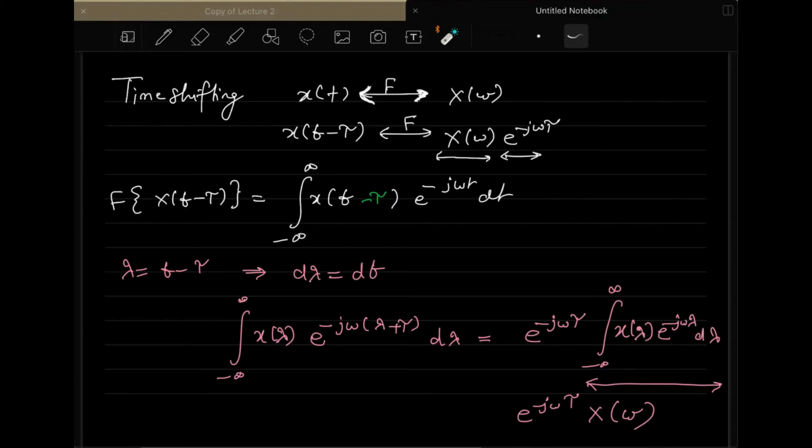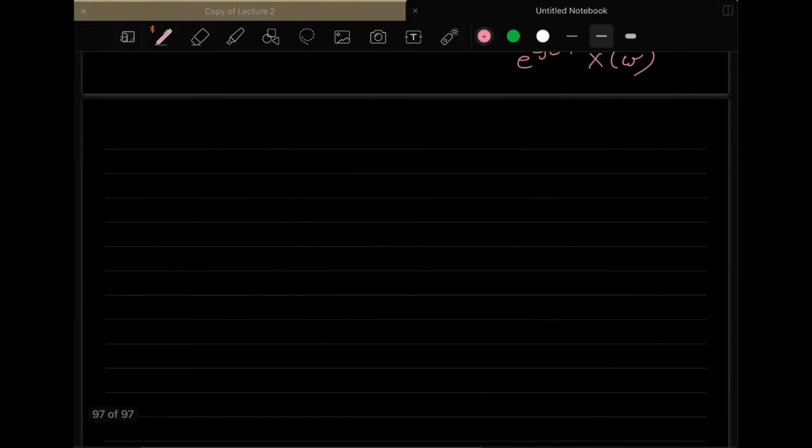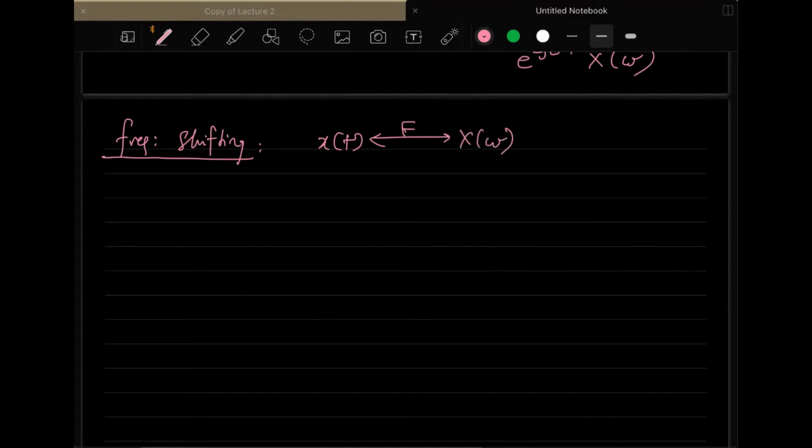The next property that we have is the frequency shifting property. In the frequency shifting property, if you have an input signal x(t), the corresponding Fourier transform, as you already know, is X(omega).